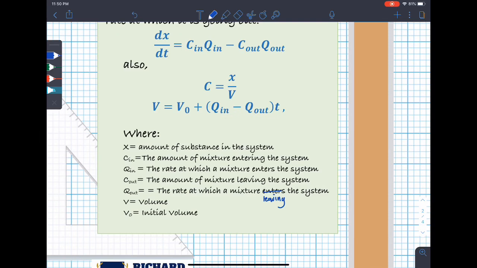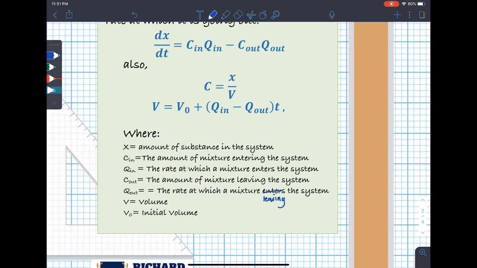Take note that the concentration can be taken as x over v, wherein x is the amount of the substance at any instant of time, and v is the volume of the liquid, whether a mixture or a pure liquid, not the container that is holding it.